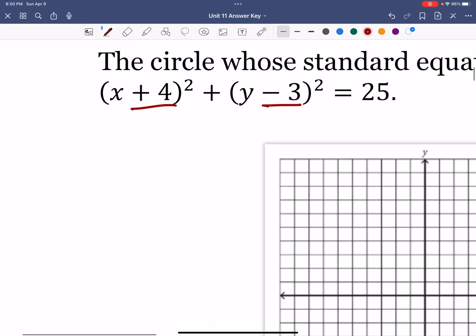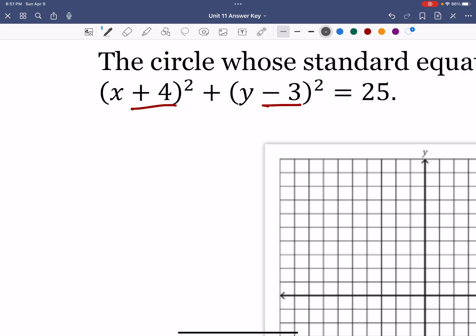However, we have to go back to our basic equation, my standard equation. I know my standard equation says X minus H squared. So it's always going to be the opposite sign. It's going to be the sign of H. In this case, if I had an X minus 4, I would know that I have a positive 4 for that coordinate.